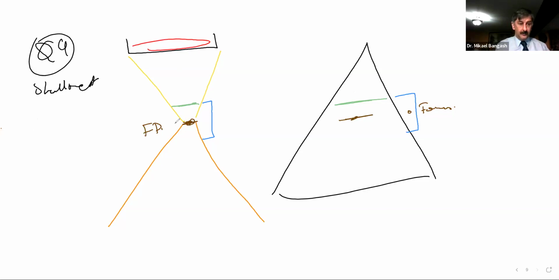So the point that is the shallowest is the beginning of the focal zone, because it falls at a point within the near zone.